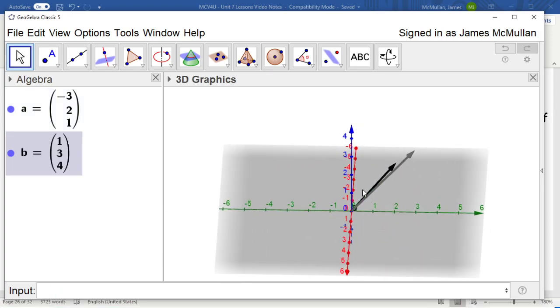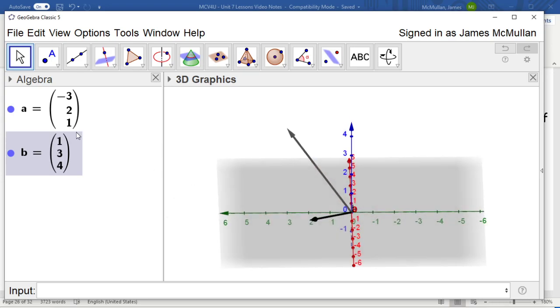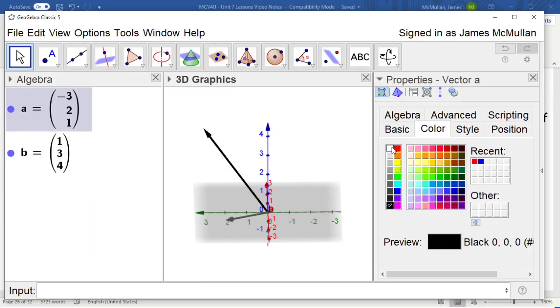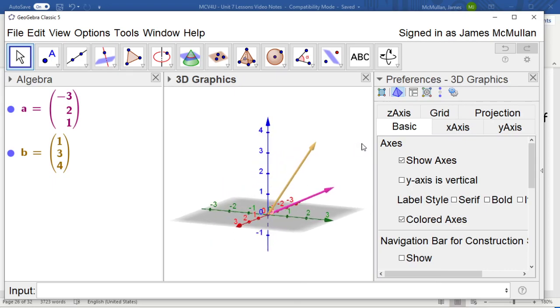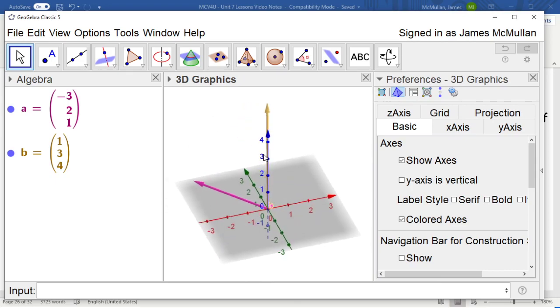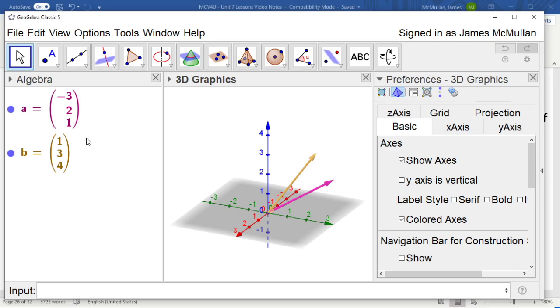Okay, and again, our question is how long. So let's change their colors here. We'll make A, I guess blue, green, and red are kind of out. So let's make it purple, and we'll make B kind of orange. That's grotesque.